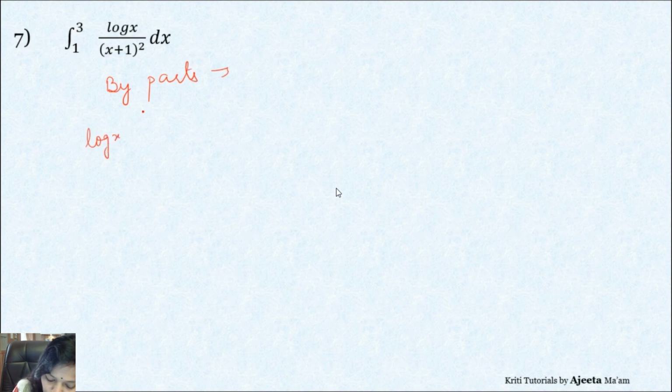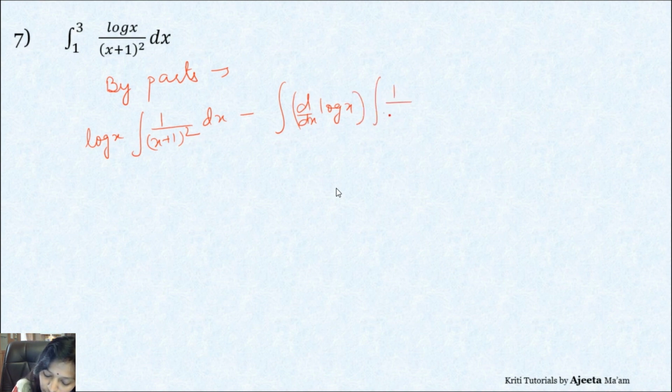Log x first function, integral of 1 upon (x plus 1) whole square dx, minus the integral of the derivative of log x, right? I think all of you are aware of all this, correct? So here we get integral of 1 upon (x plus 1) whole square dx, and then the whole integral. Okay, so here we end up.